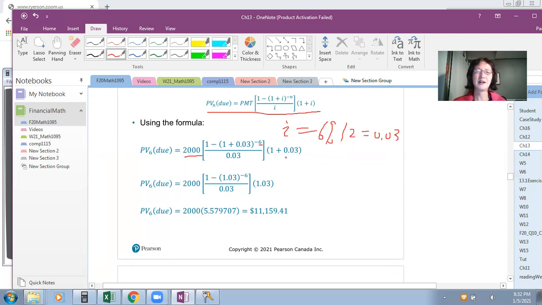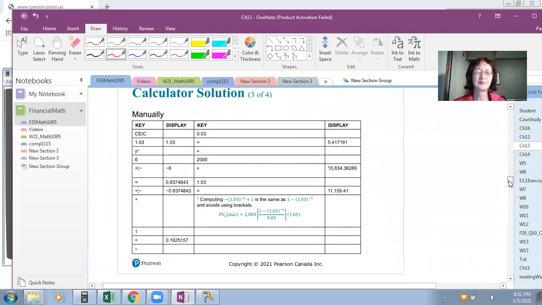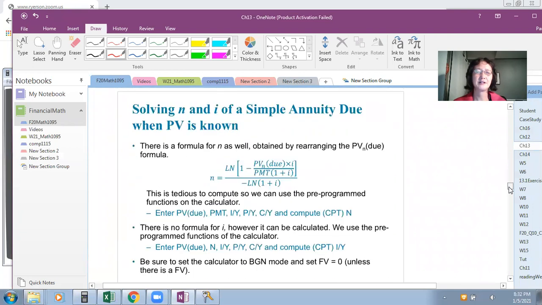And you plug in all the numbers, you get exactly the same number. So this is the present value of simple annuities due.